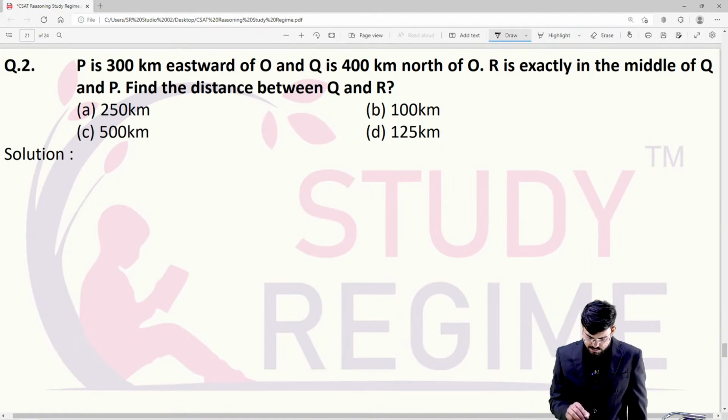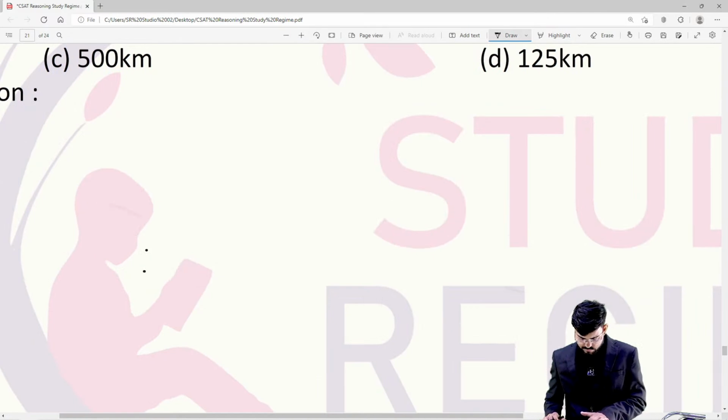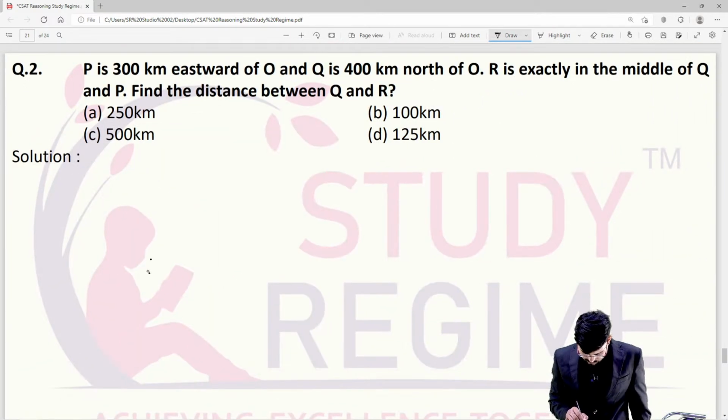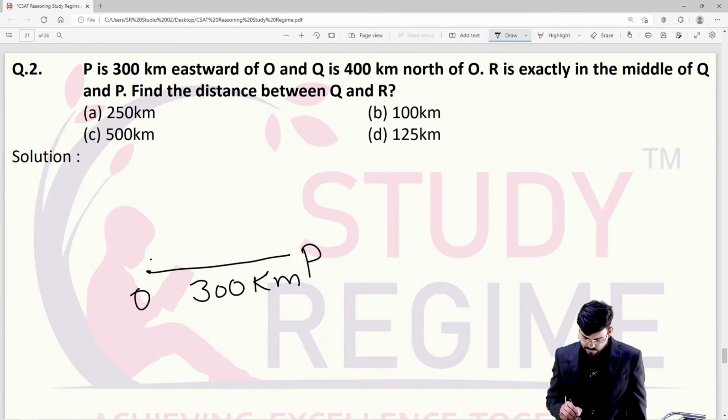Since P is 300 km eastward of O and Q is 400 km north of O, both the positions are given with respect to O. Let us say O is a point. P is eastward. Where is east? Go here, 300 km from the position O. Okay, P. And where is Q?